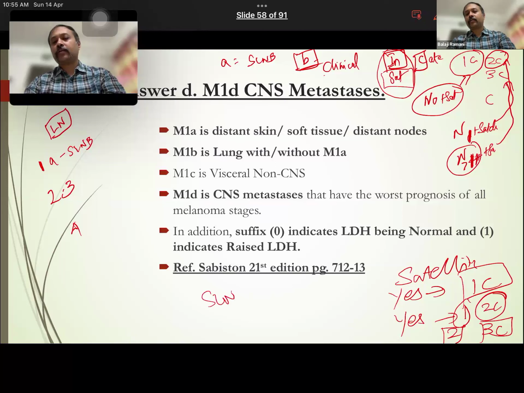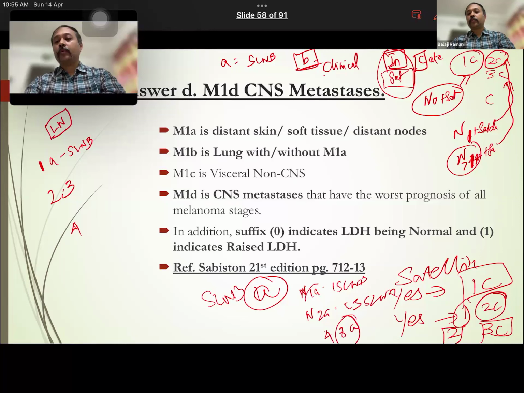SLNB staging. Now I said A staging is completely by SLNB. So N1A is 1 SLNB. N2A is 2 to 3 SLNBs. And then 4 or more becomes N3A. So remember the 1A, 2A, and 3A, and the 1C, 2C, and 3C; whatever is left in between will come under the clinical stage. Okay.